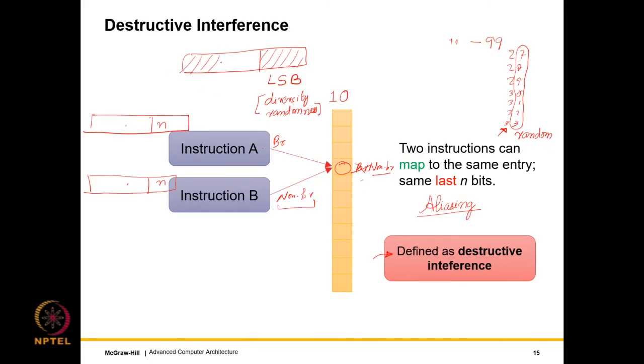If I consider the least significant bits, I'll see a much more uniform spread, right? So I'll see much more randomness.